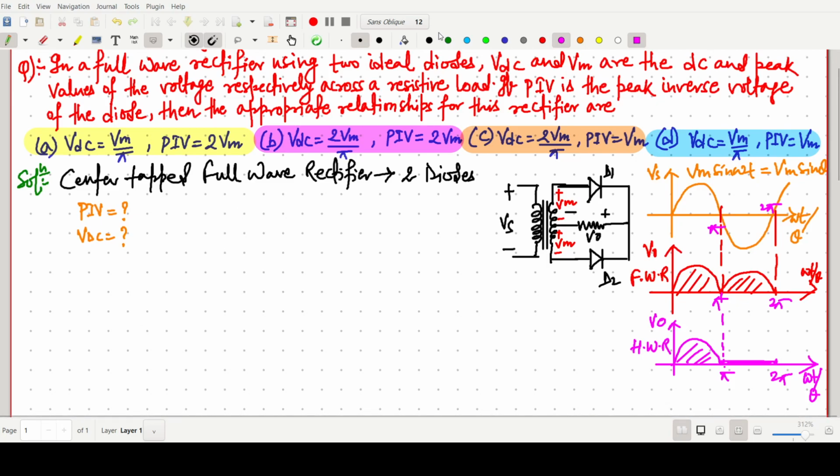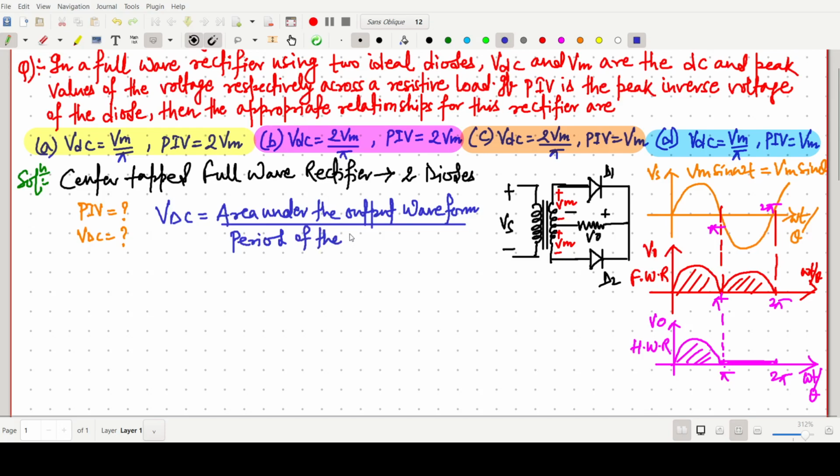The value of VDC can be found by taking the area under the output waveform, divided by the period of the waveform.